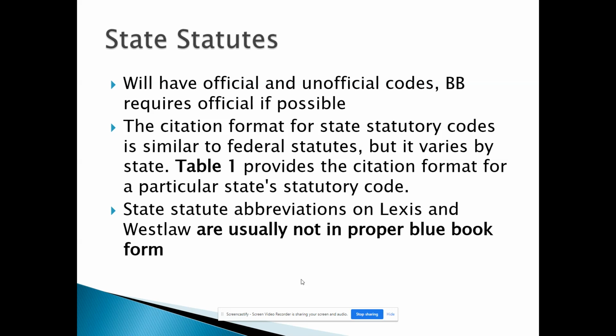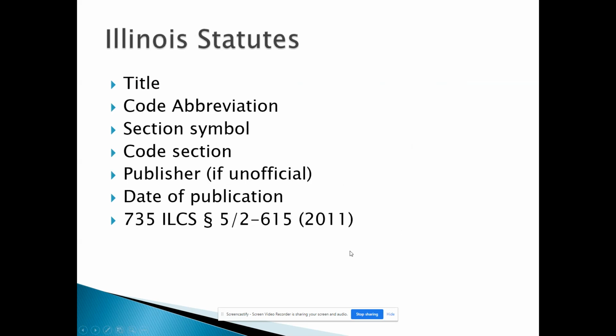Look at Table 1 to find the citation format for the state that you're looking at. It's really not hard. You just have to go to the Bluebook. You can't make it up. And the statute abbreviations on Lexis and Westlaw are different, and usually they're different from what is proper Bluebook. So make sure you don't just rely on the state statute abbreviations on Lexis and Westlaw. Look to what is in the Bluebook.